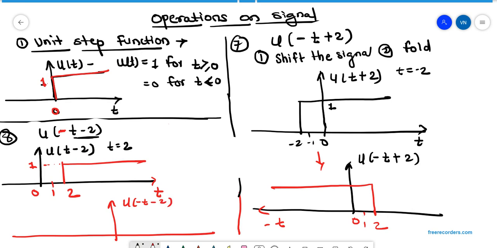This is the mirror image. I just have to change the time. So it is always important that you first shift the signal and then fold. It's a very important rule in operations.